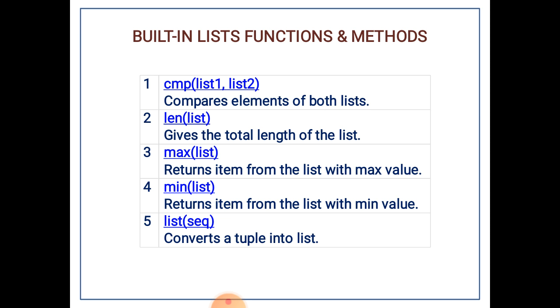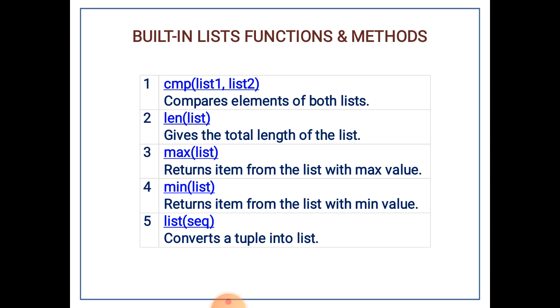Now the third one, max of list. Max is the name of the function, list is the name of the list. So max of list returns the highest value element in that list, the item from the list with the maximum value. So when you want to get the highest value in the list, you need not search the whole list, you just type max and the name of the list, and it gives out the maximum value.